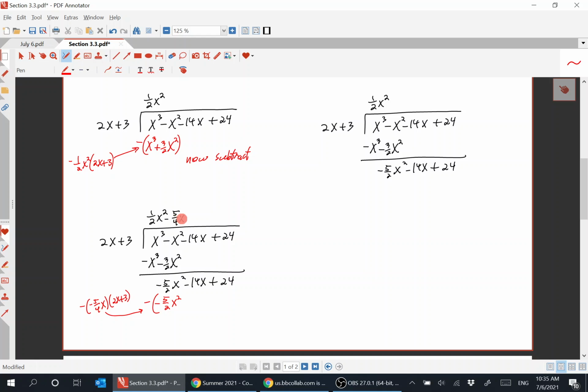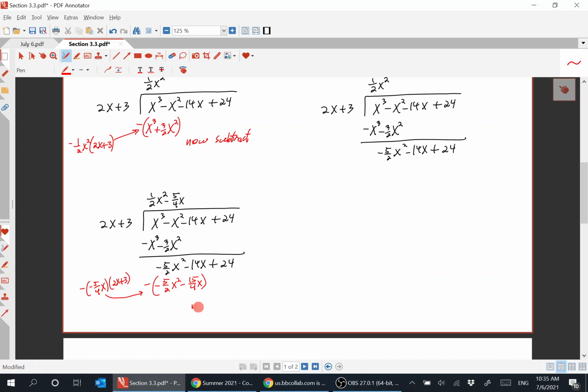And then minus 5/4 x times positive 3 is going to be minus 15 over 4x. Okay, now subtract. So I need to take this negative sign and distribute through here.